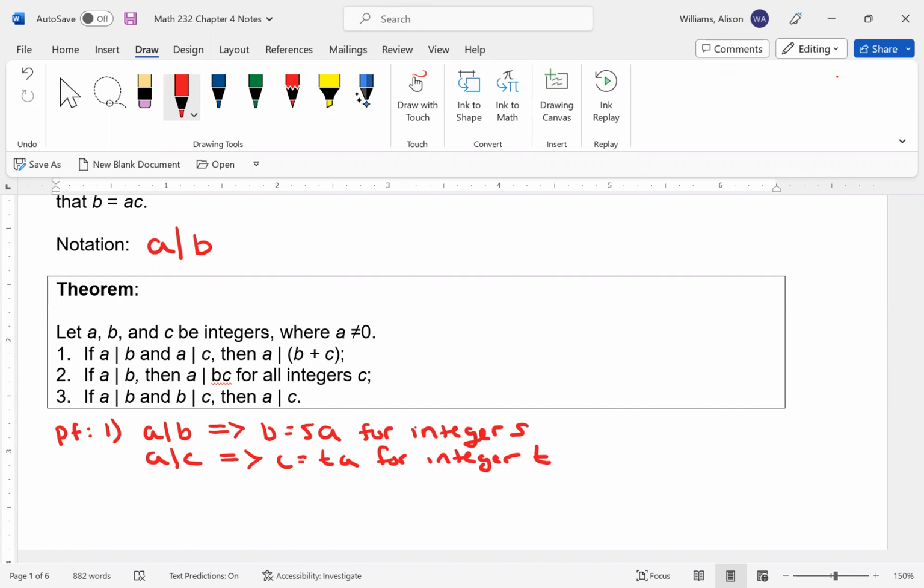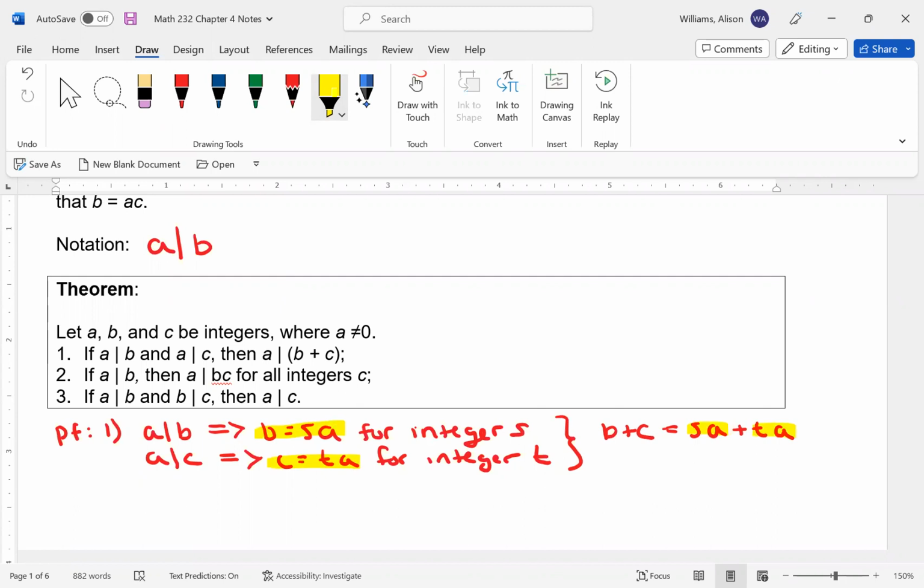That's based on our understanding of what it means when a divides into a number. Well then, if I add b plus c together, b plus c is going to equal sa plus ta. So I'm substituting those two things in from those statements.